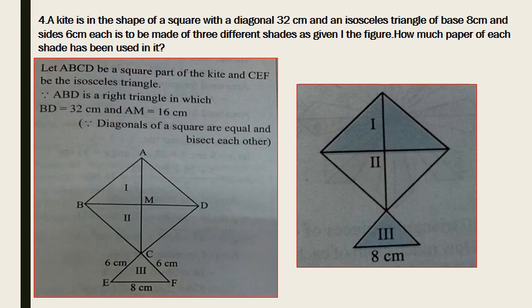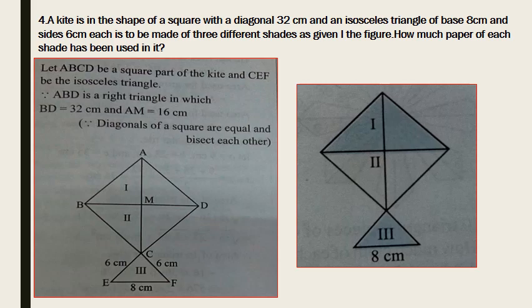That is BD is 32 and AM is equal to 16 because the diagonals bisect at 90 degree. So the diagonals of a square are equal and bisect each other at 90 degree. So we have AM is equal to 16 centimeter and BD is equal to 32 centimeter.